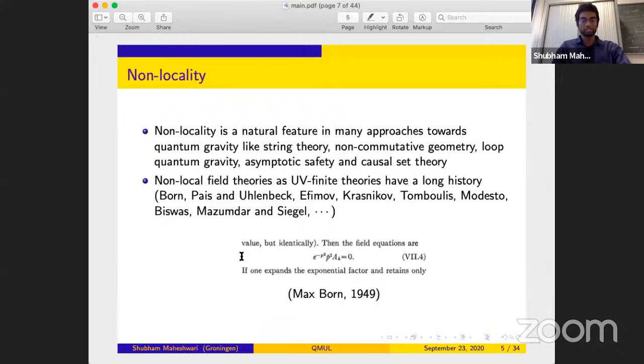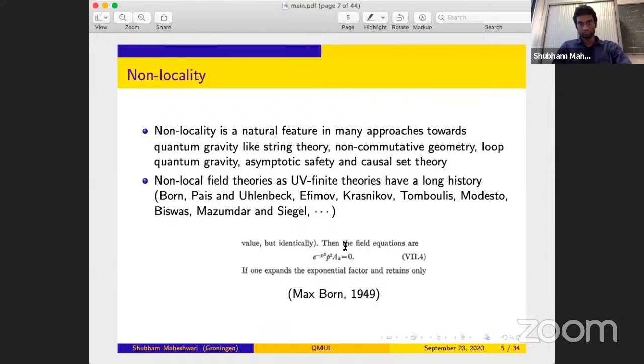And non-local field theories as UV finite theories have a very long history that goes back at least to a work of Born in 1949, where he doesn't consider gravity, but he considers electrodynamics.